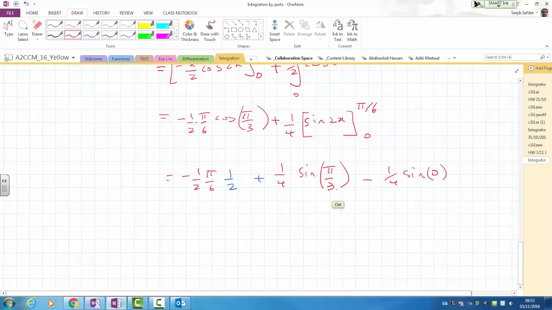Sine pi over 3 is square root of 3 over 2, so that gives us square root of 3 over 8, minus pi over 6 times 2, so that gives us 24. Then we can tidy that up to give us 3 root 3 minus pi, divided by 24.